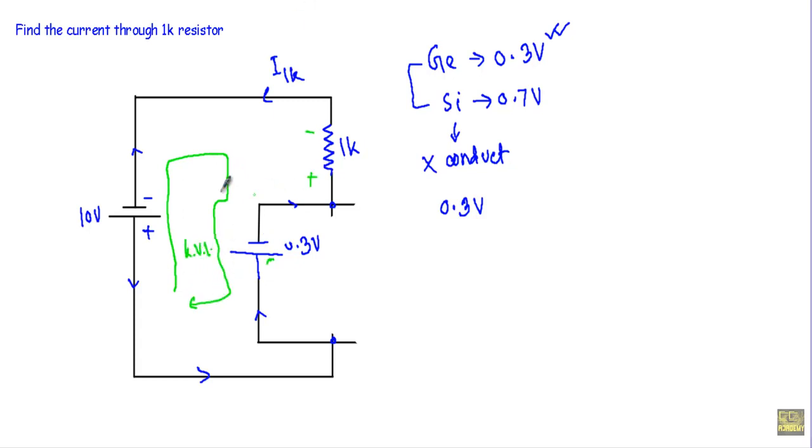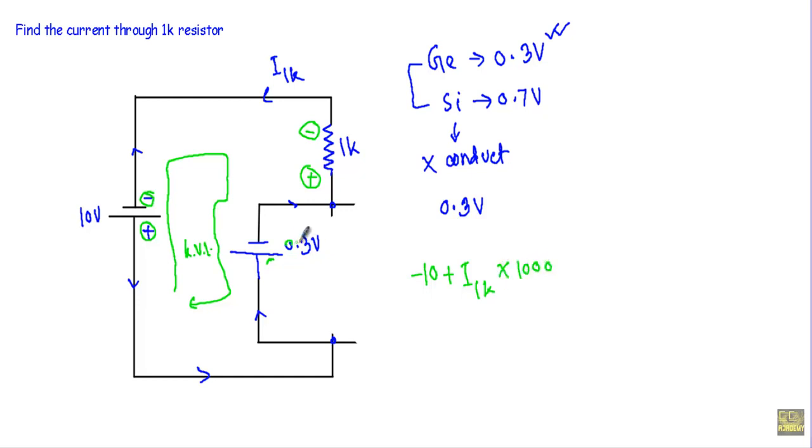So if I apply KVL, I will encounter this 10 volt source first, its positive terminal first, negative terminal later, so its voltage will be minus 10. After that I will encounter this 1 kilo ohm, its negative terminal first, positive terminal later, so its voltage will be positive, plus I1K into 1000.